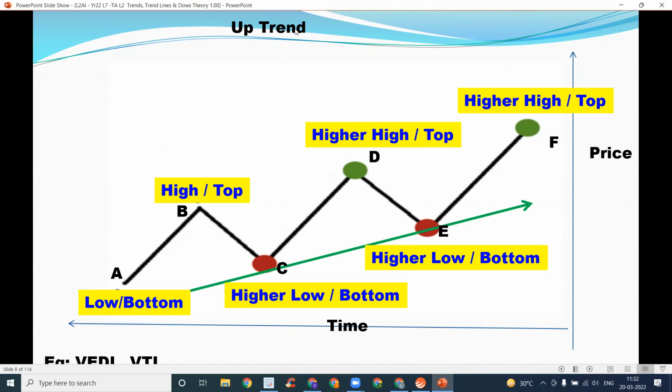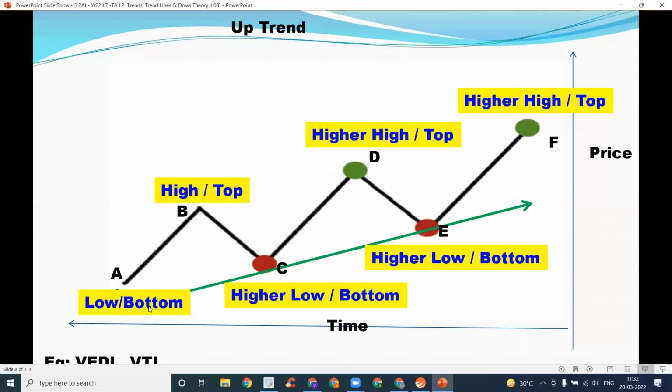In an uptrending market, the point B is high, then point D will be higher than point B. You can see this level is here, and D is at a higher level than the B. Then F will be higher than D. So in an uptrending market, we'll have higher highs. Similarly, the points A, C, and E are called lows or the bottoms.